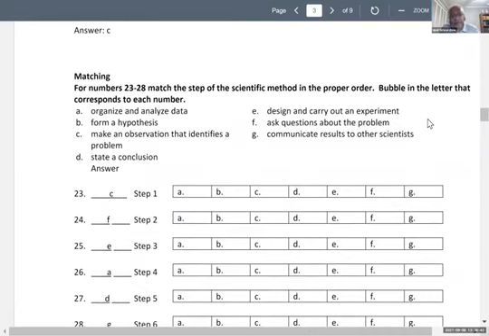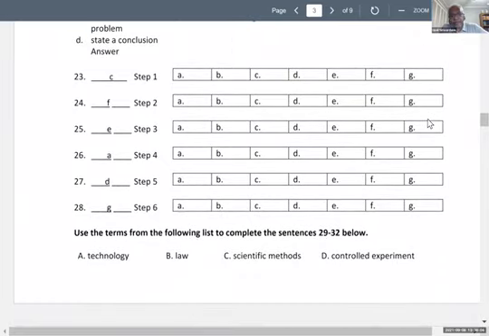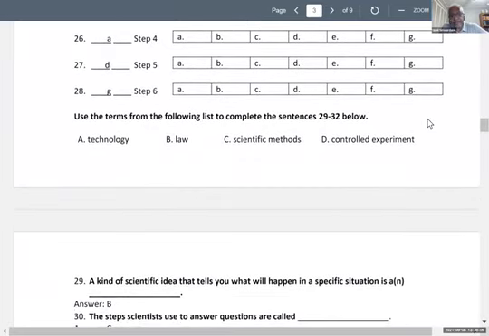First, what do you start with? Observation. It's C. What is the second step? Asking a question about your observation. So like that, you can finish up this one. Okay, it's easy.